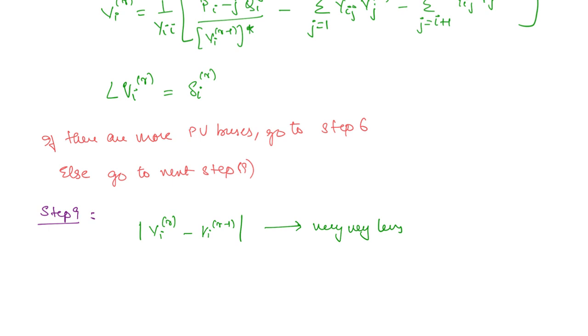Sometimes this difference value will be given, that it should be less than a certain value so that you can stop the iterations.